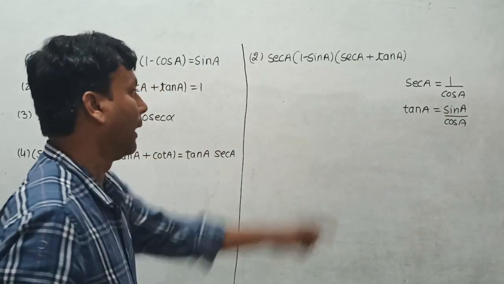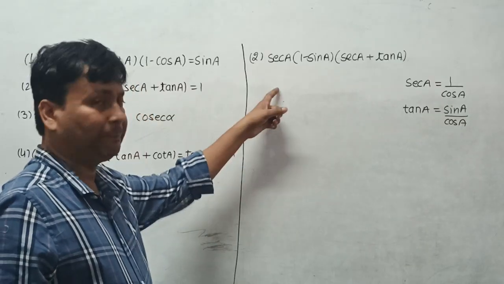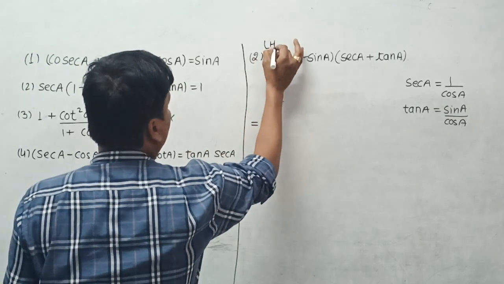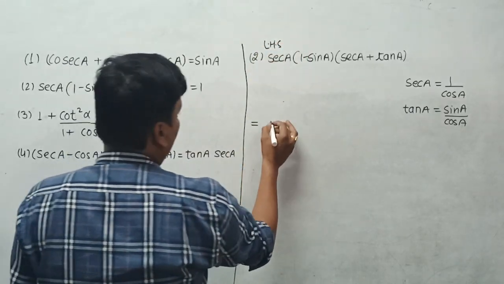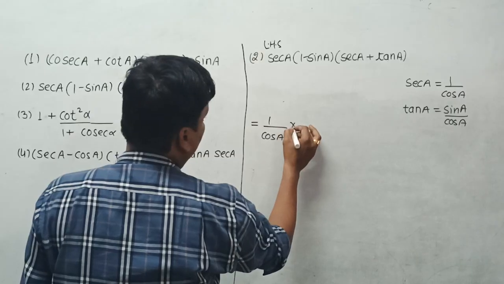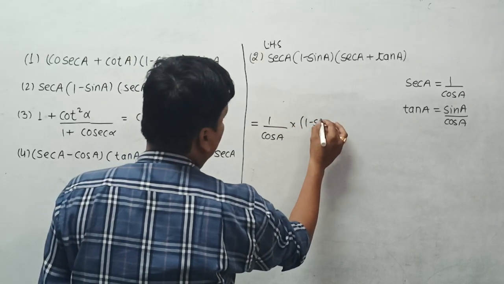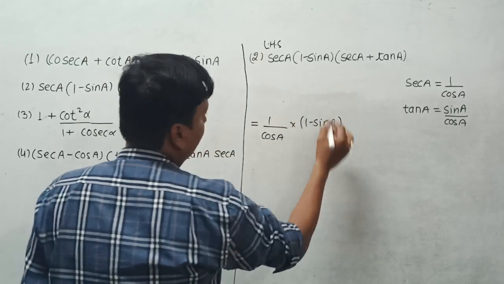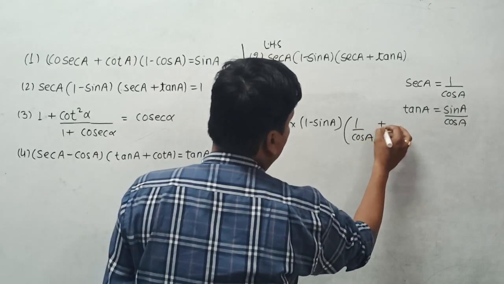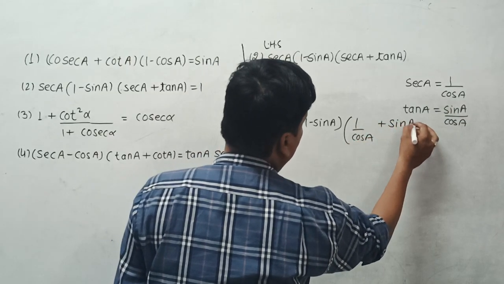So we will put these identity together, that is LHS, so that is 1 upon cos a, that is 1 minus sin a, that is 1 upon cos a and that is sin upon cos a.